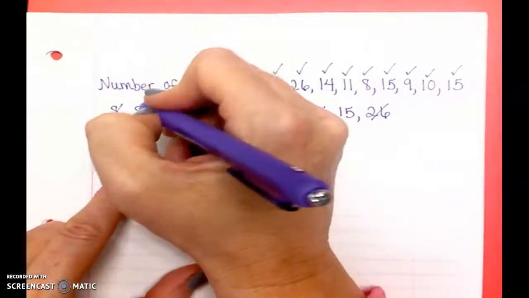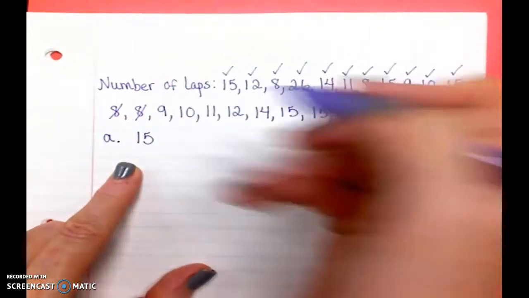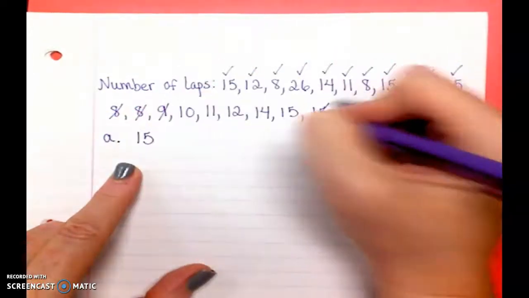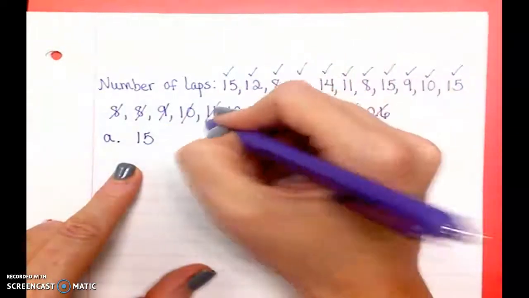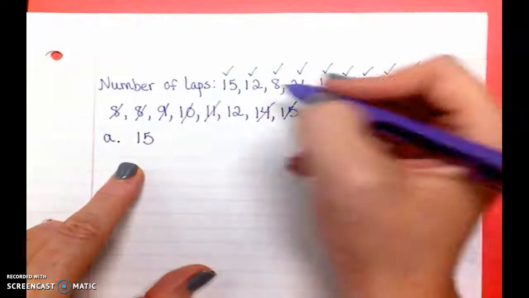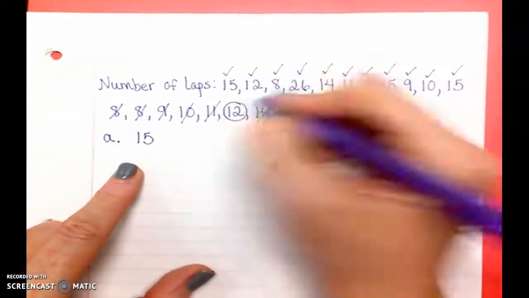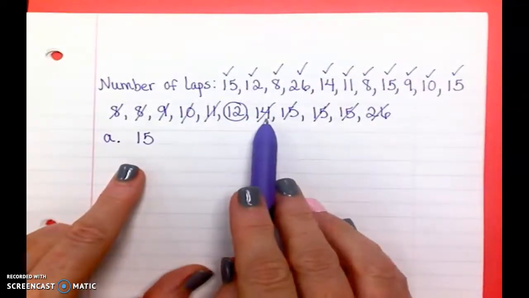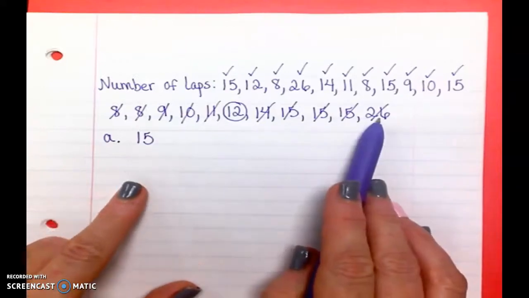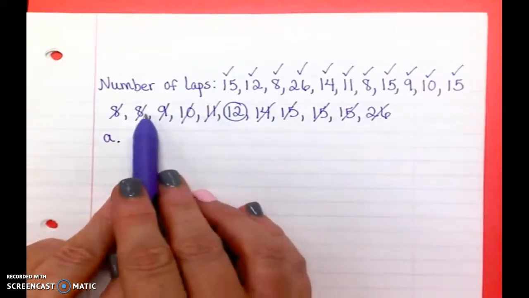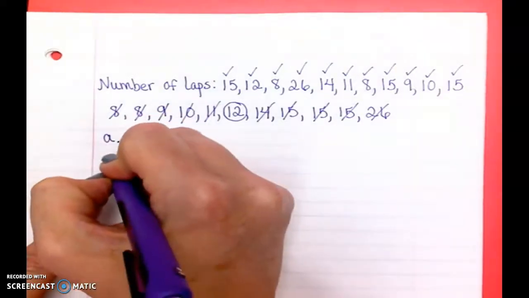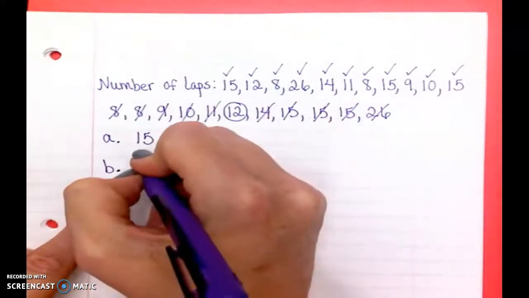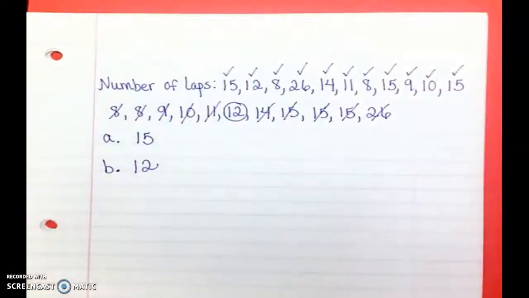Your low number and your high number, low and high, low and high, low and high again, low, high, until we find that number that's in the middle. So you'll notice there's 1, 2, 3, 4, 5 values to the right, and 1, 2, 3, 4, 5 values to the left. So B, we would say 12 would be the number in the middle.